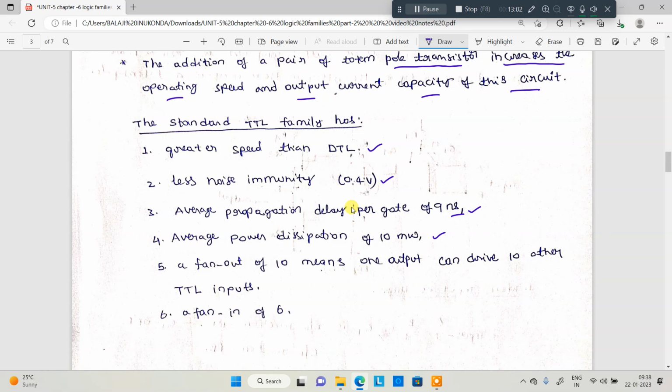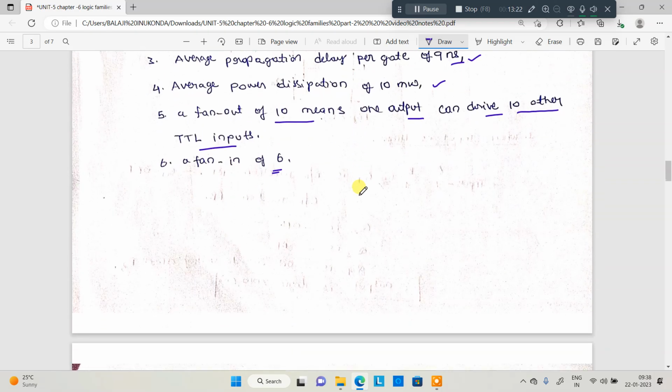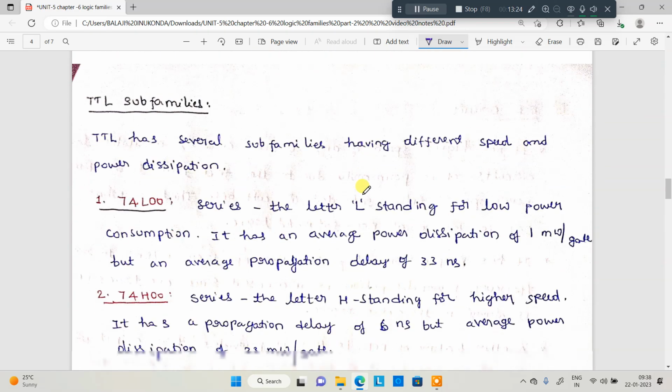Fan out of 10 means one output can drive 10 other TTL inputs. That is fan out. Fan in is 6, that is related to the input. This is about the TTL logic.